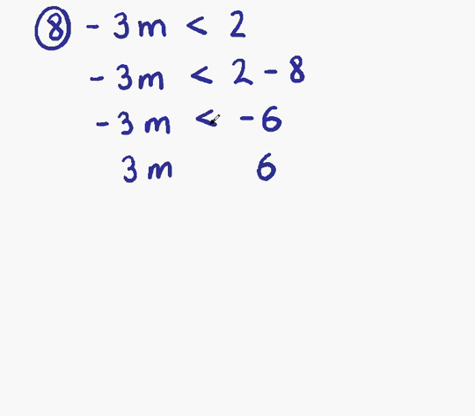So we had a less than sign, and we want to change that now to a greater than sign. So we have 3m is greater than 6, so m is greater than 6 divided by 3. 6 divided by 3 is 2, so m is greater than 2, and that's our final answer.